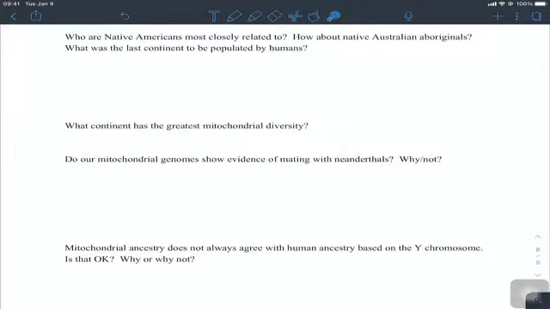Still being discovered, but for whatever reason, mating did not occur or did not produce viable offspring that still survive to this day. It's possible that they did produce offspring. Maybe they weren't viable. Maybe they just, by random chance, did not continue on.